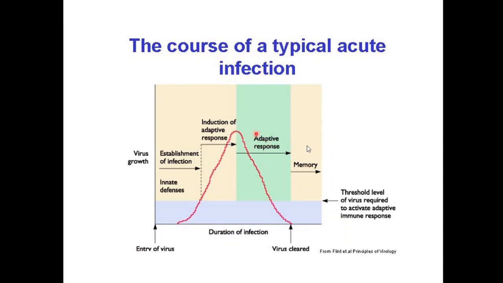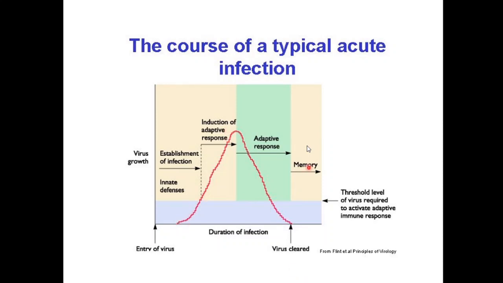So once adaptive response comes in, there will be some level of memory. If this is not activated sufficiently, then the memory will be less. Sometimes the memory can be lost, but in most cases with viral infection, we have memory that protects against the same viral infection.